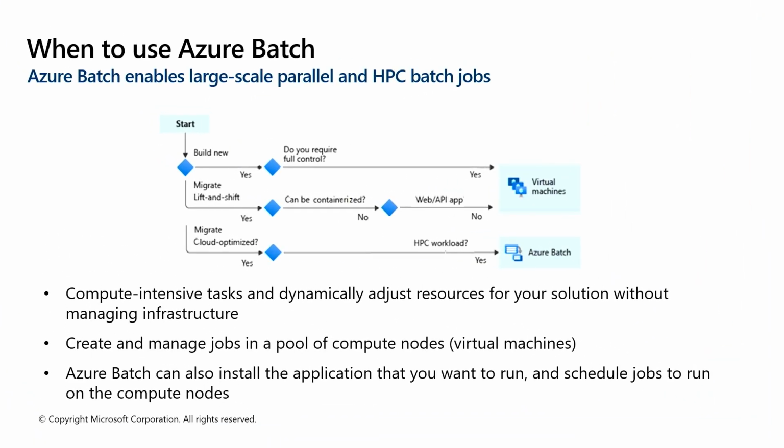Behind the scenes, Batch can install the app that you want to run, schedule the tasks, and scale the pool. Imagine rendering 10,000 frames. Instead of one machine grinding through them, you split the work into multiple smaller tasks, run them in parallel, and gather the output at the end. That's not a clever trick. That's just Azure Batch doing its best.